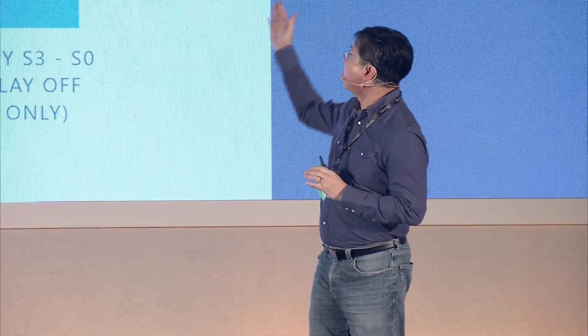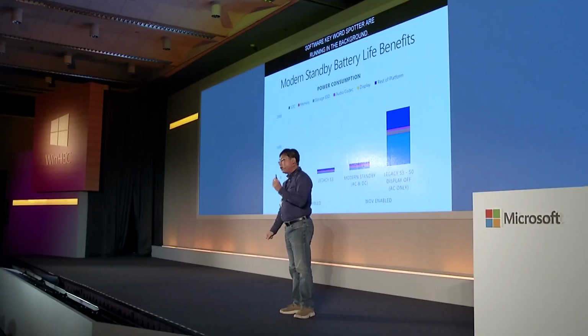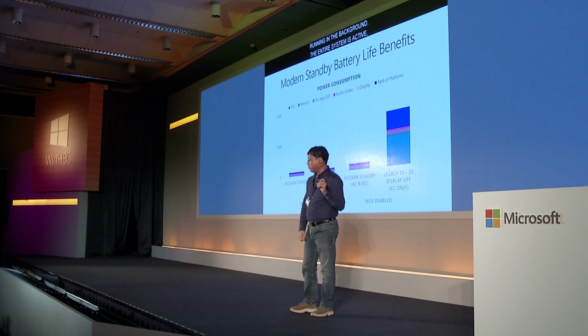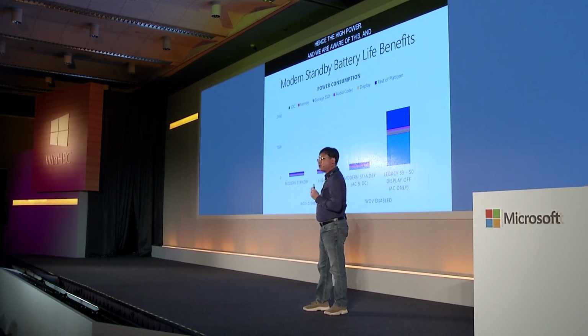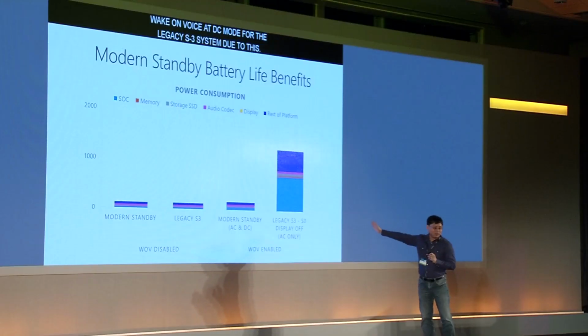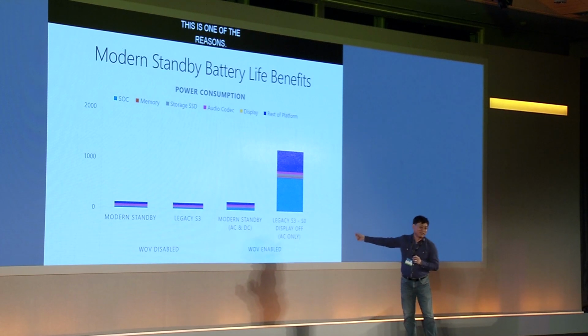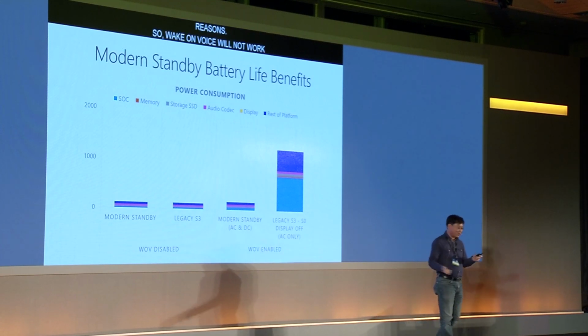The entire system is active, hence the high power. And we are aware of this, and Microsoft decided not to support wake on voice at DC mode for the legacy S3 system, due to this. This is one of the reasons. So wake on voice won't work on these systems unless you plug in the power cord, AC mode. But is that what you want?